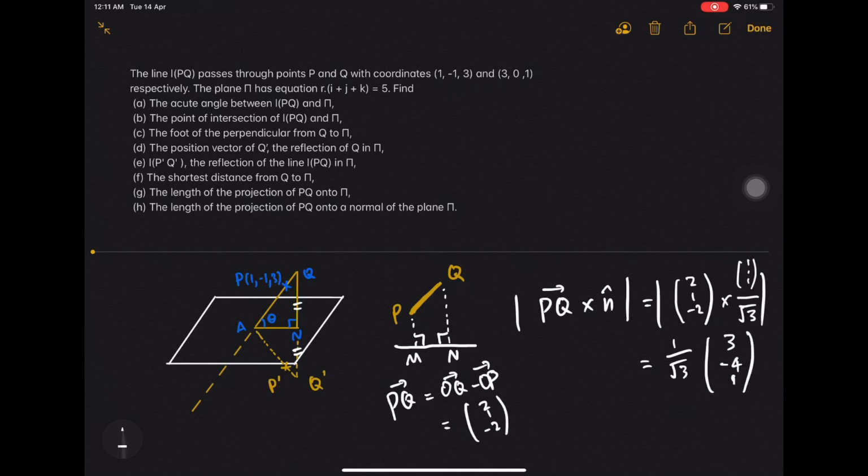When you do this, you factorize out the 1 over square root 3 first, then you cross product with the things that are inside, and you get this.